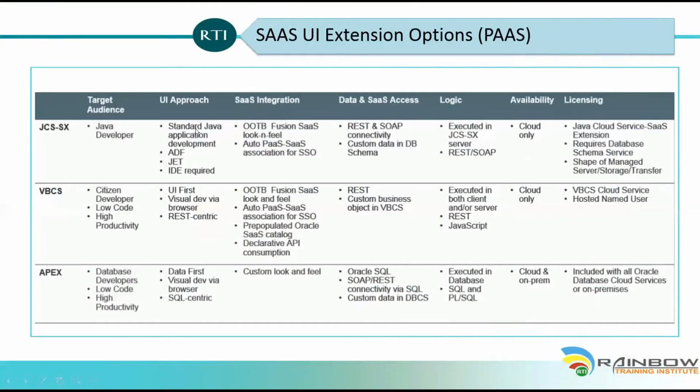And here, as you're using REST and SOAP connectivity, you will be using the out-of-the-box Fusion SaaS look and feel or Fusion SaaS database components and create your own Java pages. And if you have your own custom tables or custom flows, then you can have your own custom data and custom database schema.